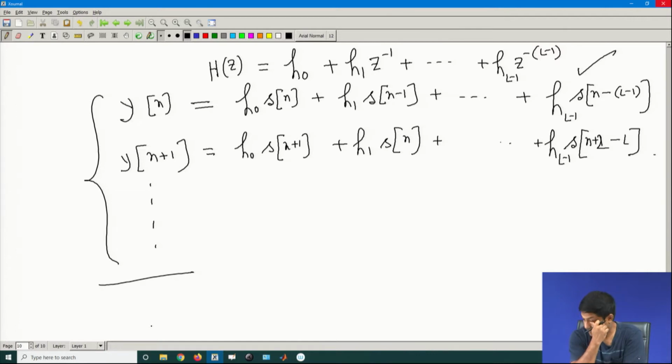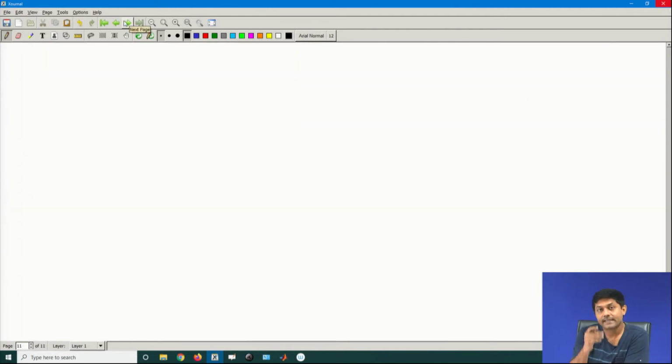Now, if I stack my data, that means I observe a certain length of data, it can be m length data or whatever, that means up to y[n minus m minus 1]. It will have an equation, I am not writing it, some equation will be there. So, what will I get if I stack them together?